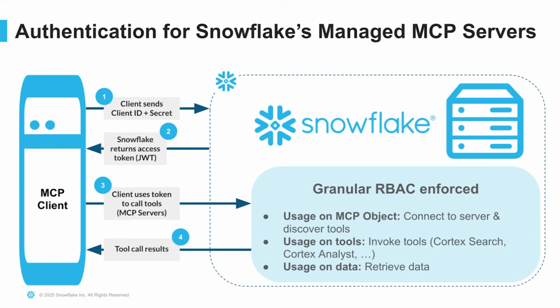Granular RBAC is enforced on the Snowflake side for invoking tools and for retrieving data. Like I mentioned earlier, authentication is critical with any agentic application, and we have used the proven OAuth-based authentication with the Snowflake managed MCP server.